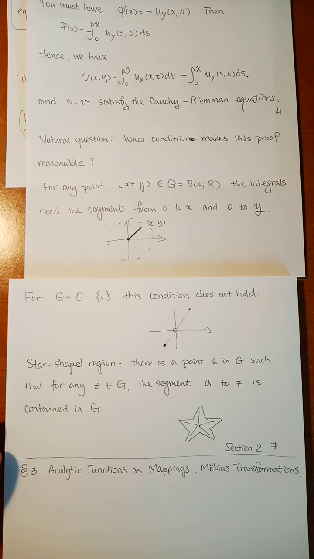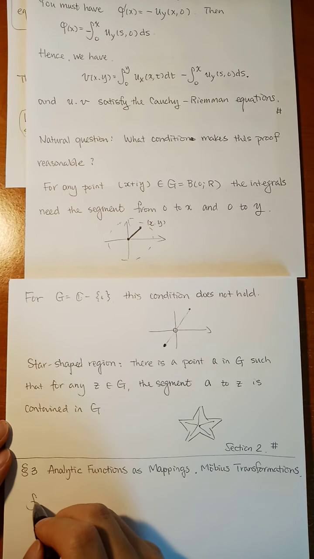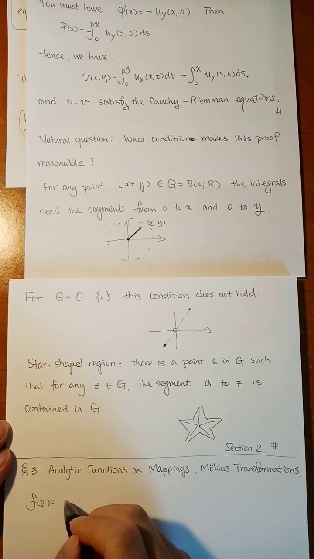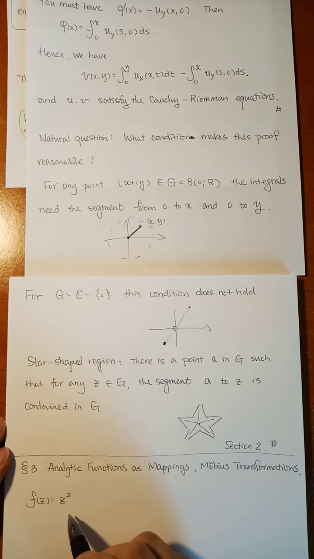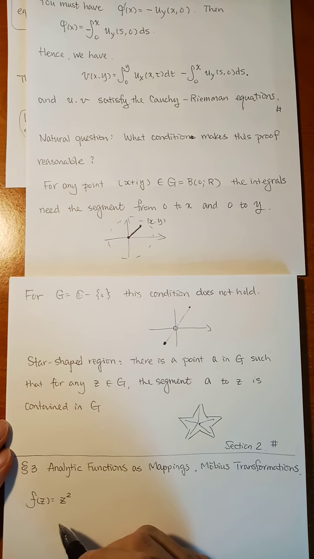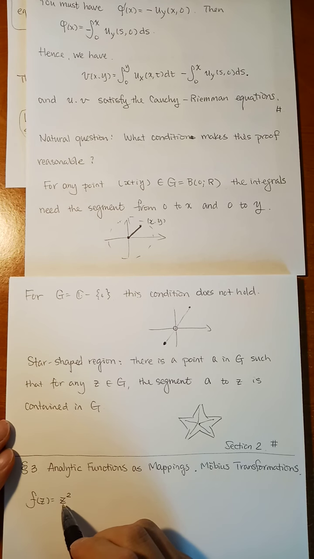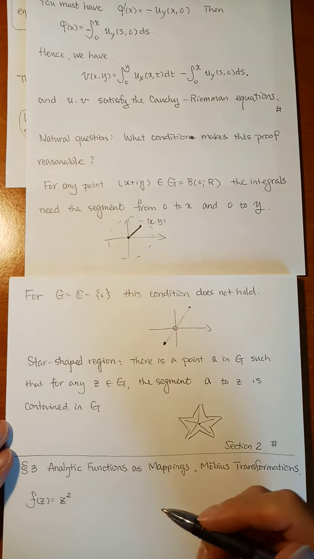Well, here the author gave an example about this idea. So they consider this simple function. We already defined the general power function based on the logarithm, but for the integer power function, we still consider it as z times z.